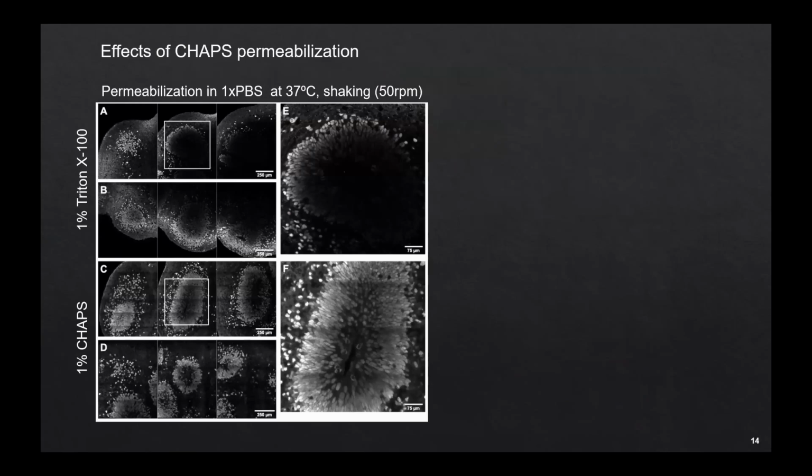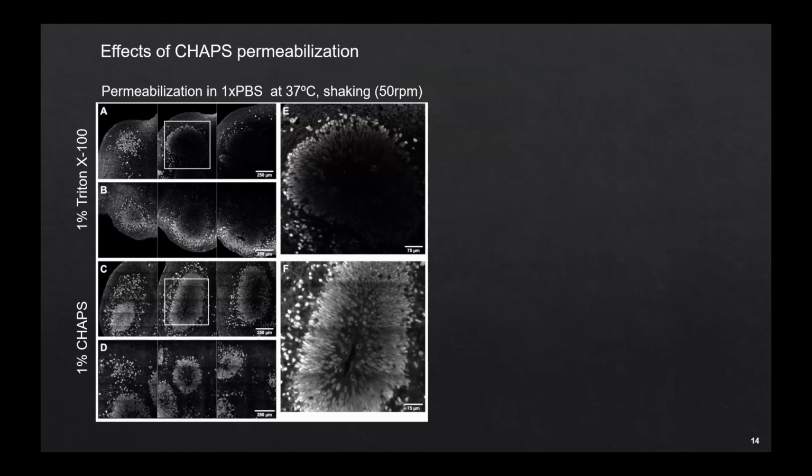Here we would like to show you why CHAPS is a good improvement over Triton. This is the same type of sample, cortical human brain organoids, that were incubated with the same amount of Triton and CHAPS. You can see how with CHAPS the penetration of the antibody is better.